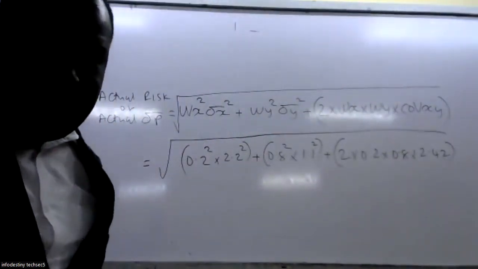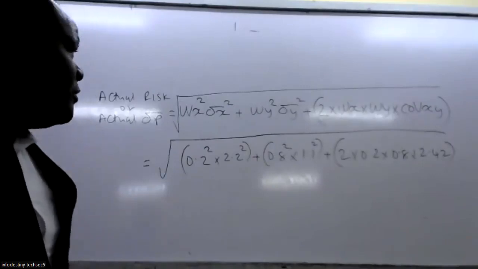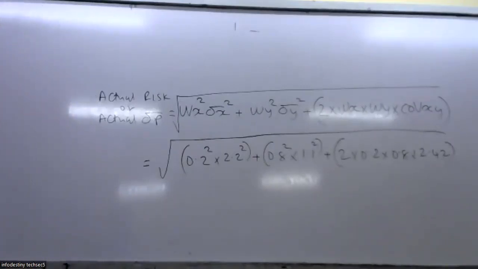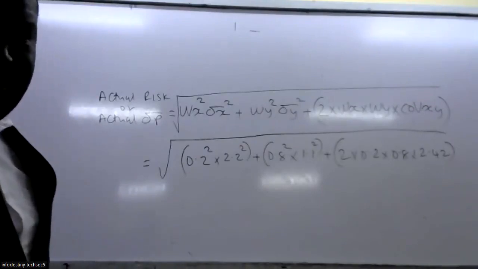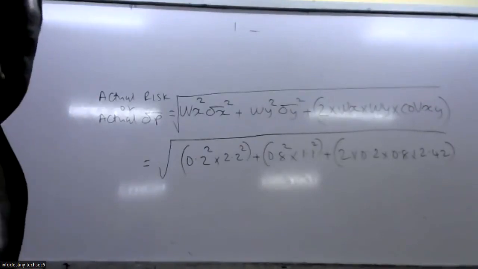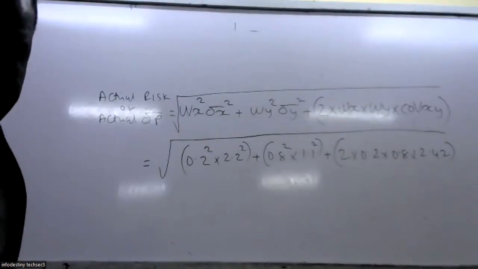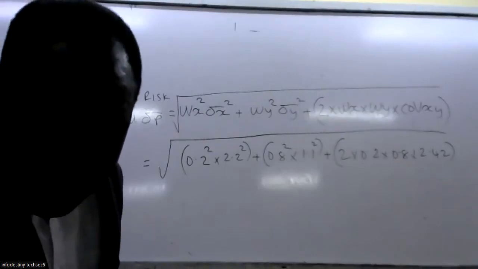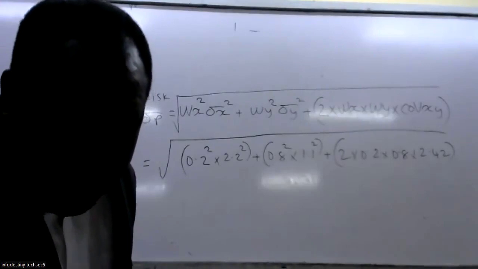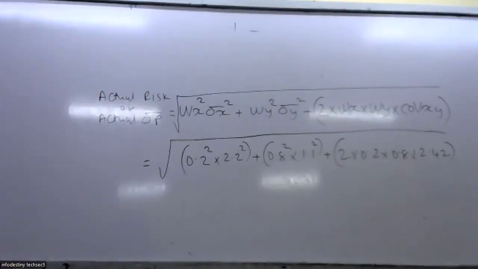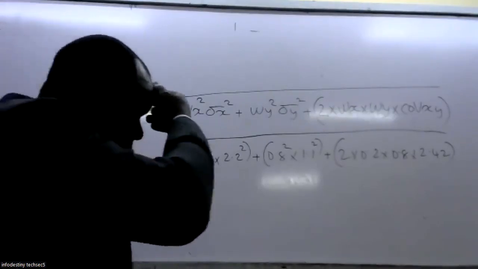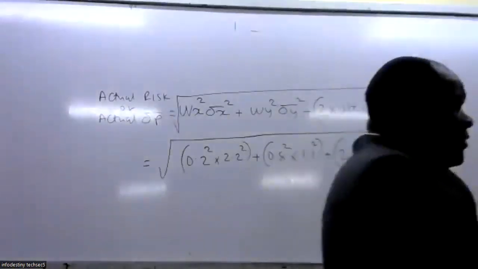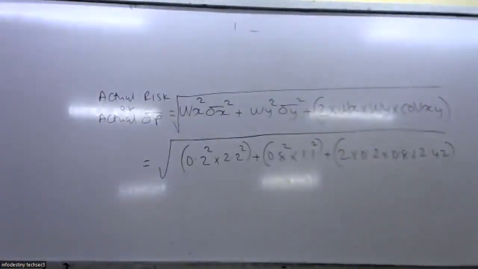So it is not 1.9. If you compute, you should get 1.32. I've seen 1.32, but someone else got 1.988. So confirm the figure. It should be able to give you 1.32.